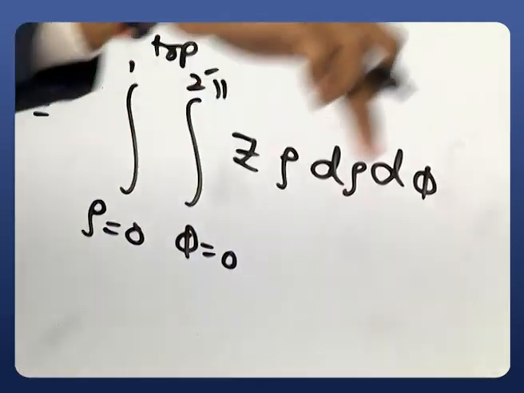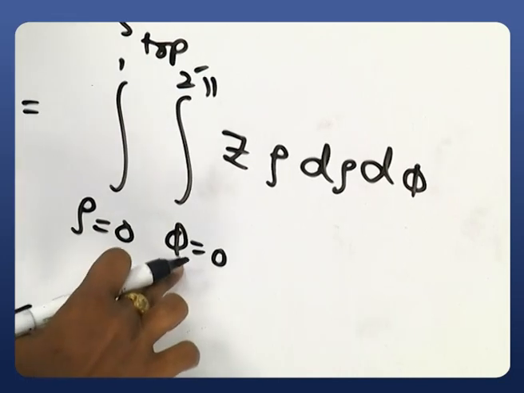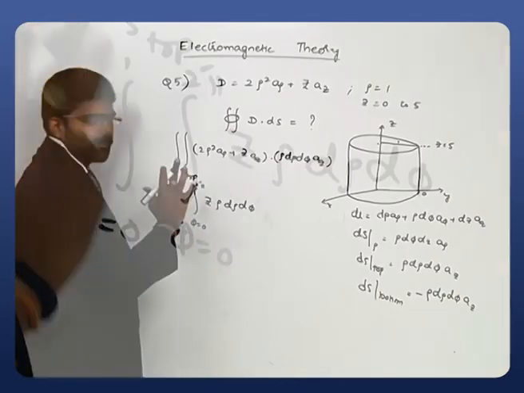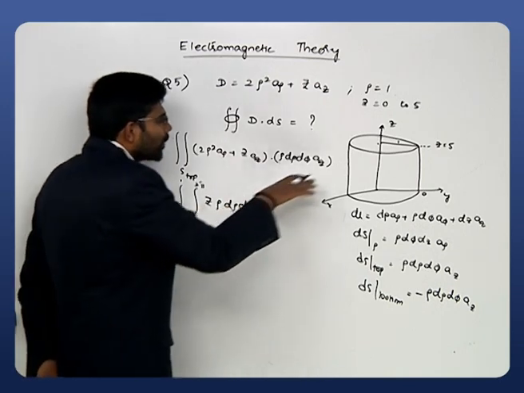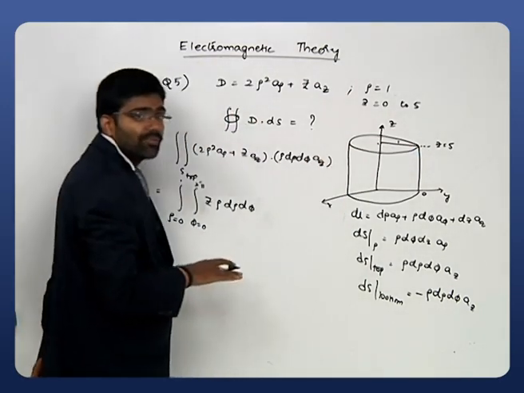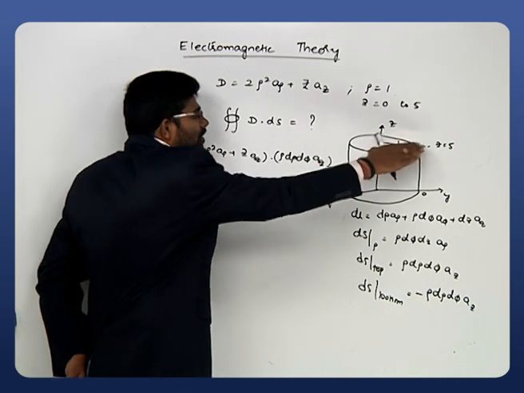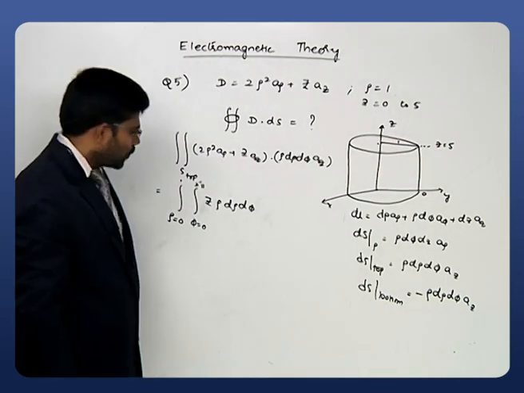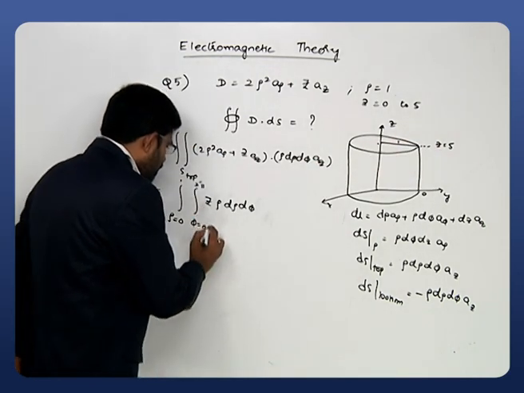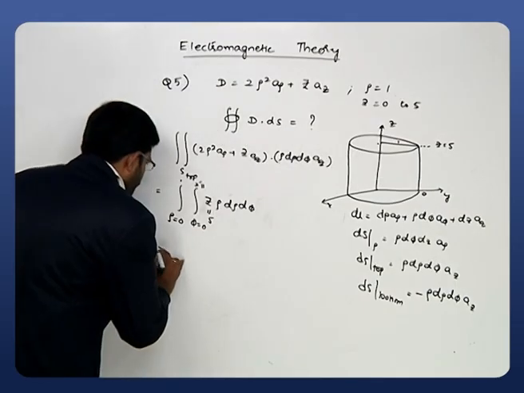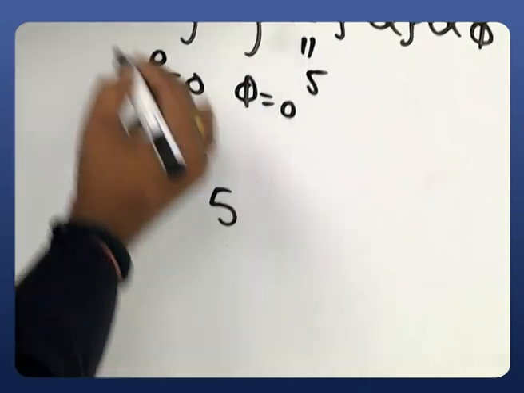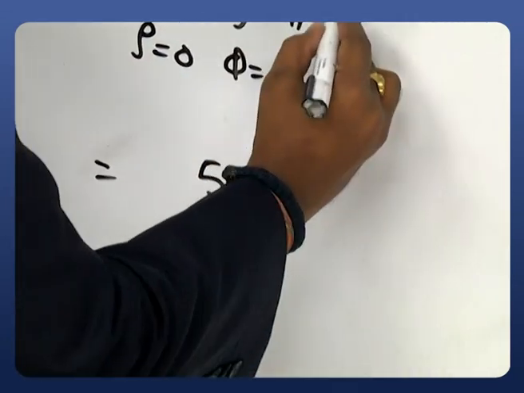For the entire closed surface, we are considering phi as 0 to 2 pi. Z can be treated as constant here. Now, what is the z value for this top? That we need to observe. For the top surface, the z value is always 5. So this z can be treated as a constant, and I replace it directly with 5, with rho d rho.